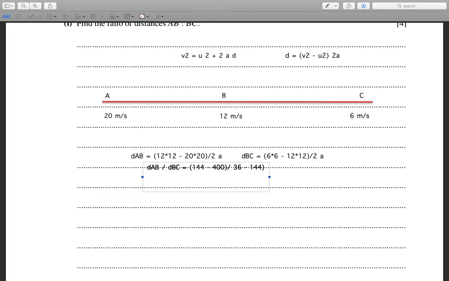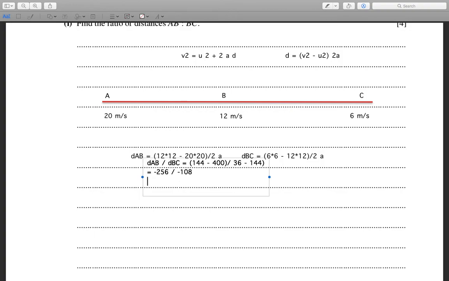Using the calculator, 144 minus 400 is negative 256, divided by 36 minus 144, which is negative 108.